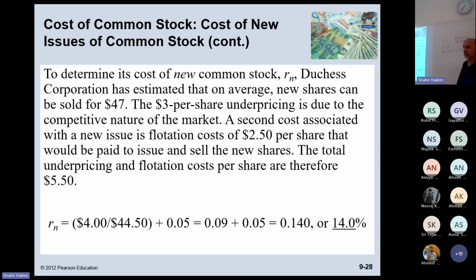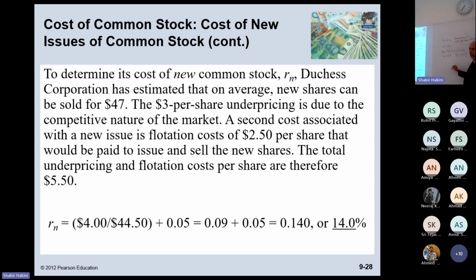If you can recall, in the previous slides, D1 was given as $4, right? D1 is 4, and 44.50 is the net proceeds. And if we can recall, the growth rate was 5.05%, or just 5%. Now we have all the information available.